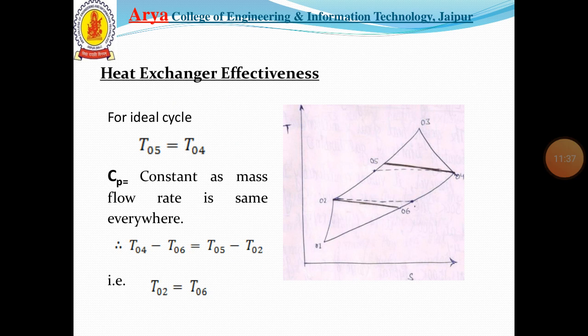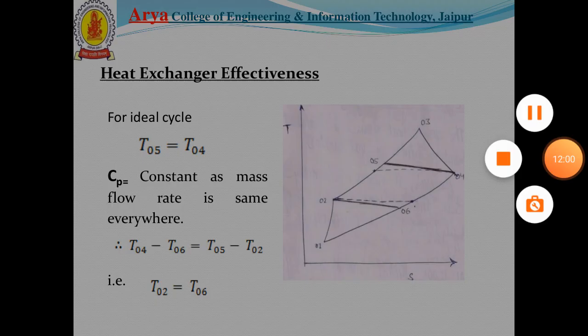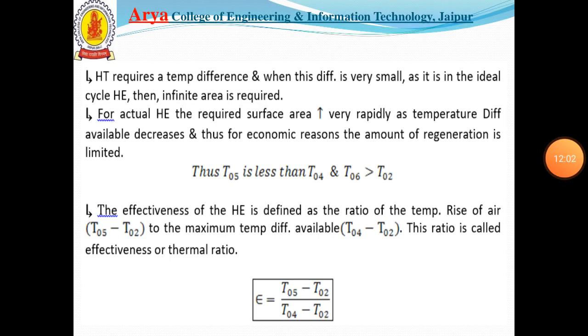Now heat exchanger effectiveness. For the ideal cycle T05 equals T04, Cp constant as mass flow is the same everywhere. T04 minus T06 equals T05 minus T02, that is T02 equals T06.